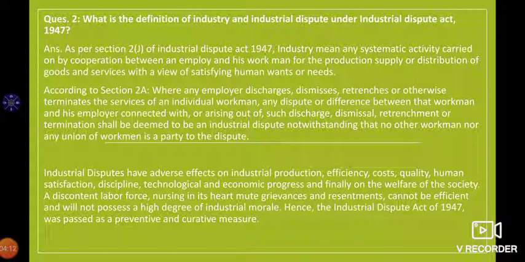According to section 2A, where an employer discharges, dismisses, retrenches, or otherwise terminates the service of an individual worker, otherwise means not as per the contract.